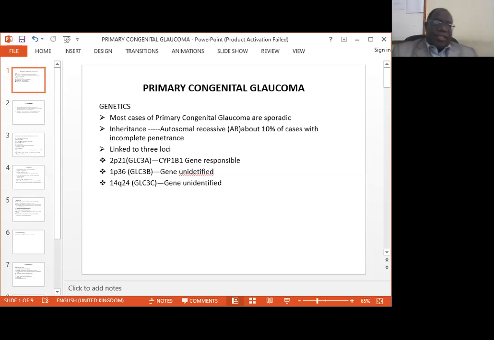In terms of genetics, most cases of primary congenital glaucoma are sporadic. There is no established genetic flow. You can't say it's autosomal dominant, inherited like that. Sporadic means it can occur in any variation.